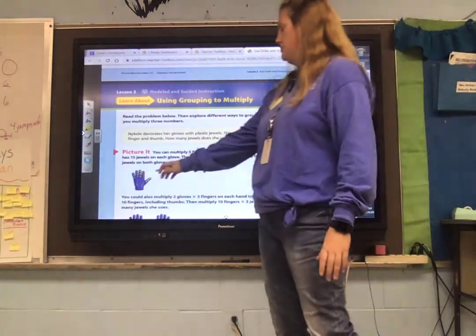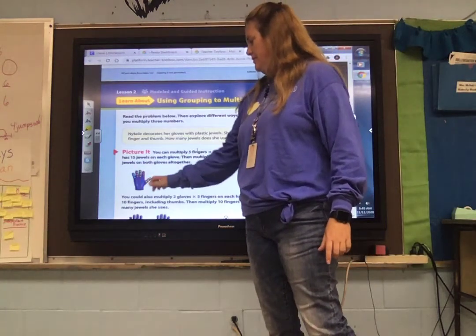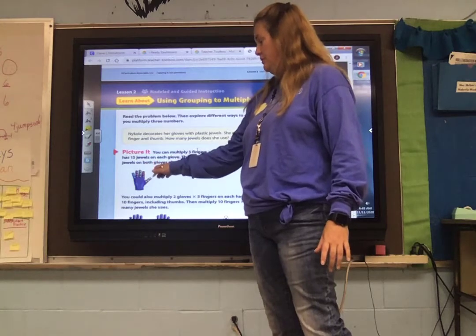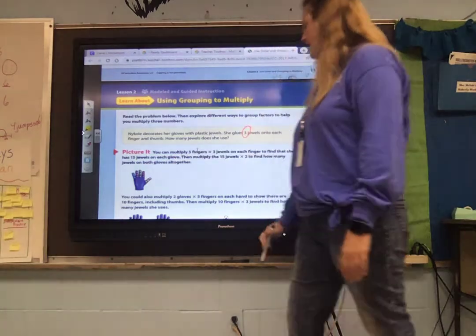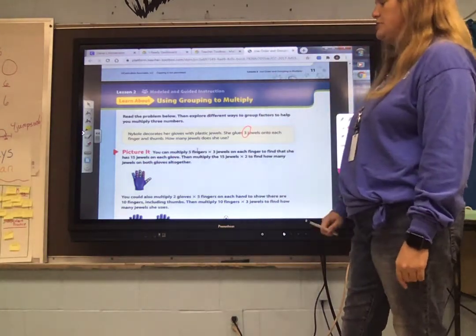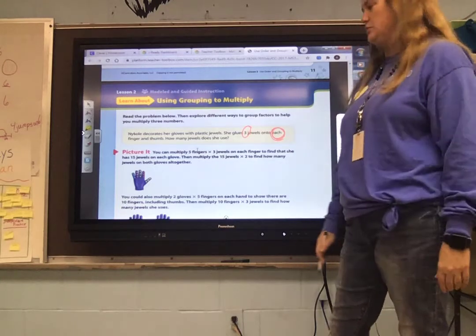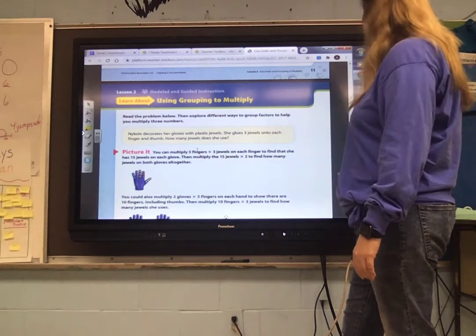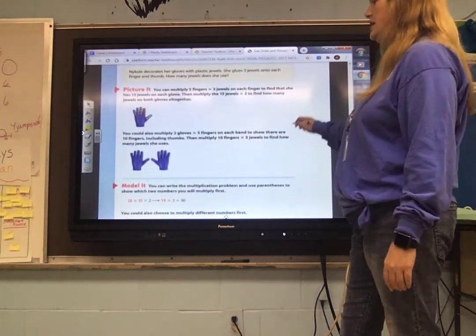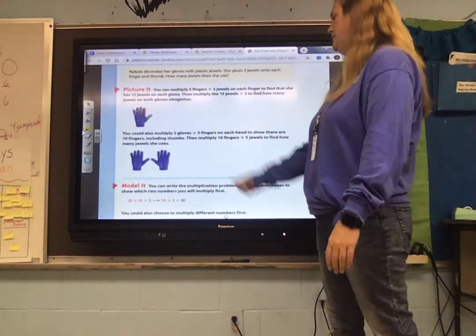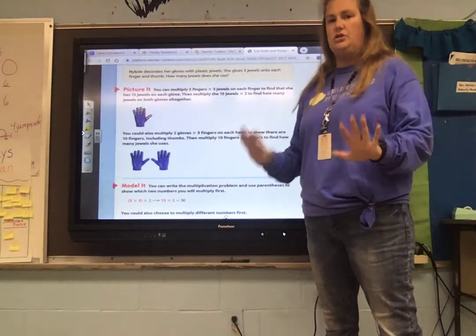So here's a picture of what she's talking about. You see the 4 fingers and the 1 thumb, so 5 digits all together. And she's putting 3 jewels on each. Now each is our big clue word here that tells us we're doing multiplication. Then she's not just doing that for 1 hand, she's going to do that on 2 hands. So she has 2 gloves.